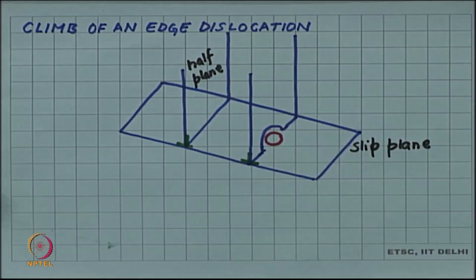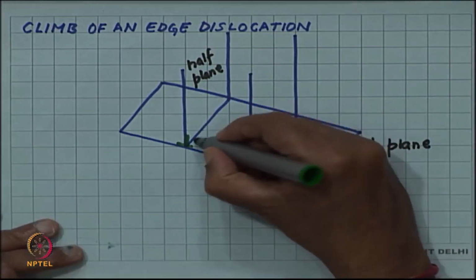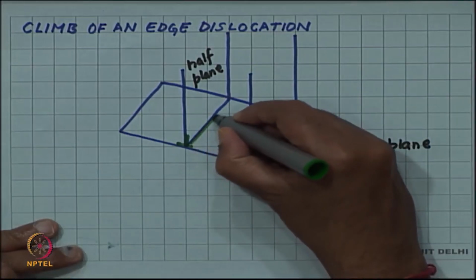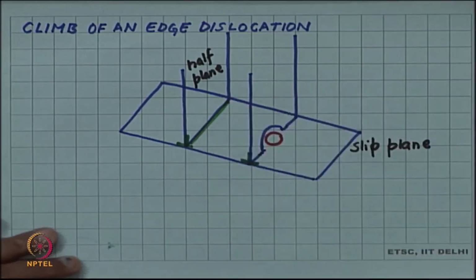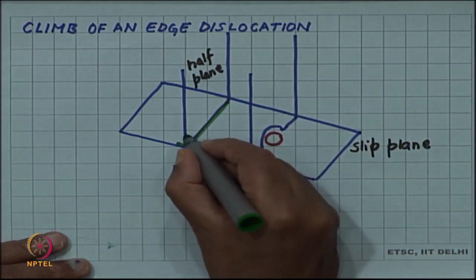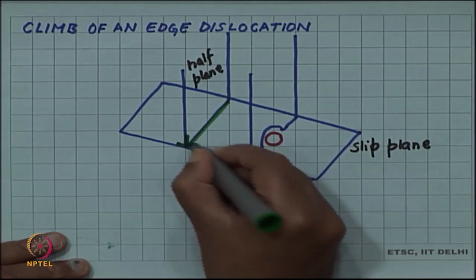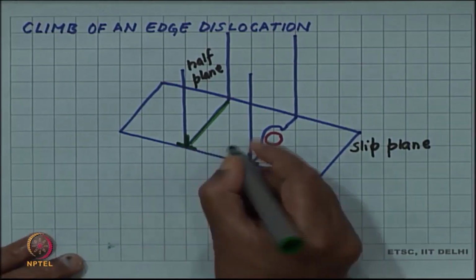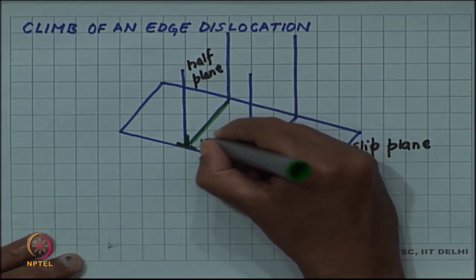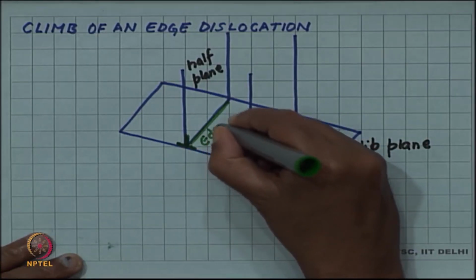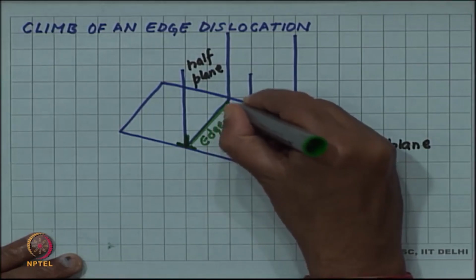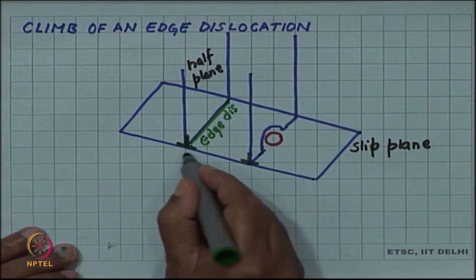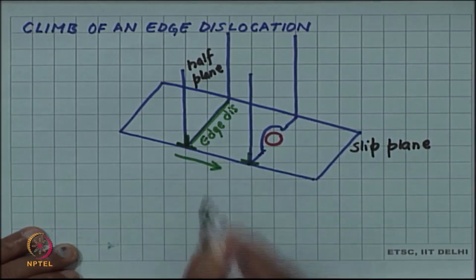So, this line will be the edge dislocation line, and schematically we can represent it by an upside down T. So, that is an edge dislocation, and let us say it is moving in this direction.